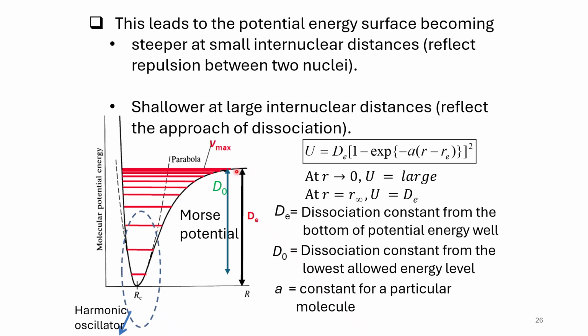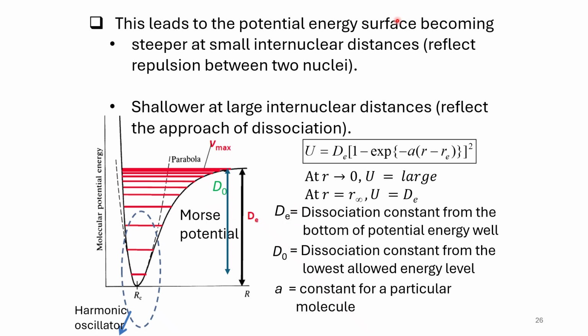At larger values of R, we know that the molecule dissociates whereby two neutral atoms are formed. Since they do not influence each other, the force constant is zero. R can then be increased to infinity with no further change of potential energy at this part here.